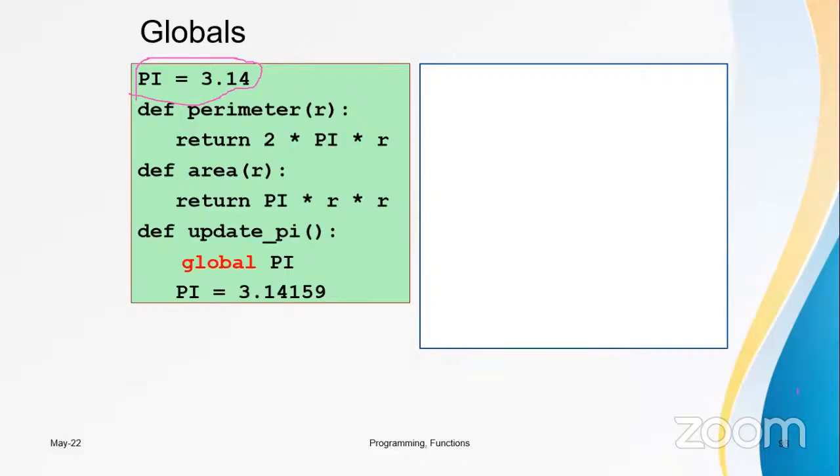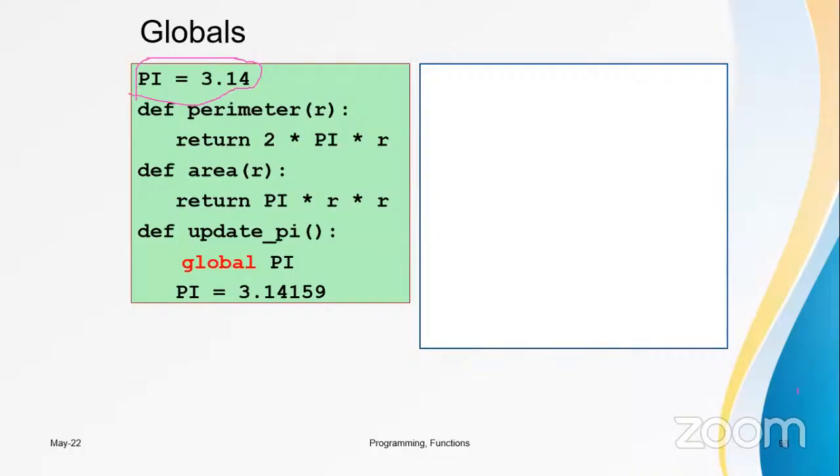I don't want anyone to change it, so it comes under a default value. This is common for any definitions you write. I have n number of definitions here: definition perimeter, definition area, definition update. You write n definitions, and your global value, pi, is always equal to 3.14.